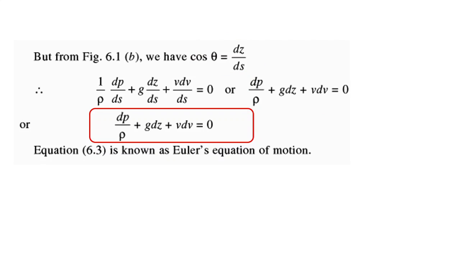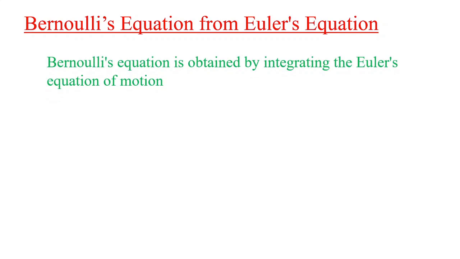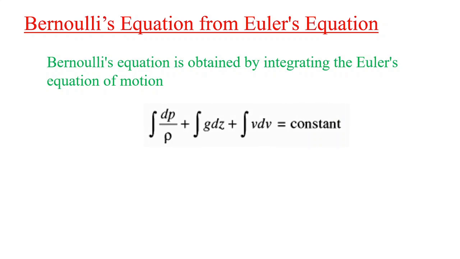So next we will see the next equation, that is Bernoulli's equation from Euler's equation. Now we are aware of Euler's equation, that is dp by rho plus g dz plus v dv is equal to constant, right?